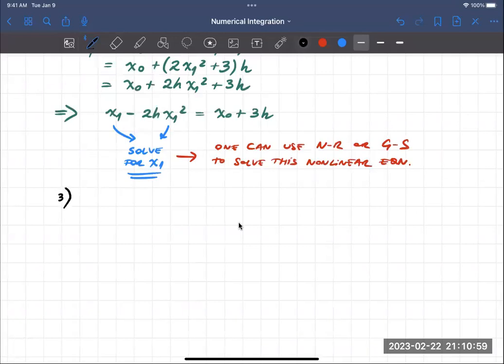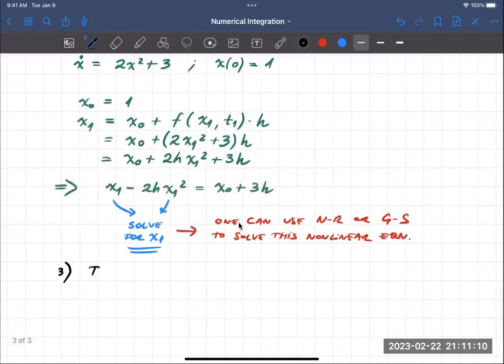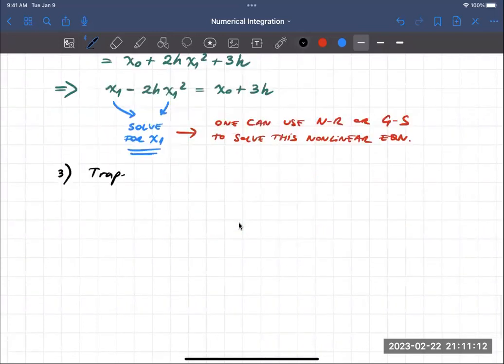So the third method, which we want to use to improve upon the forward and backward Euler, is what is called the trapezoidal rule method. Trapezoidal rule, TRM, and this is also an implicit method.